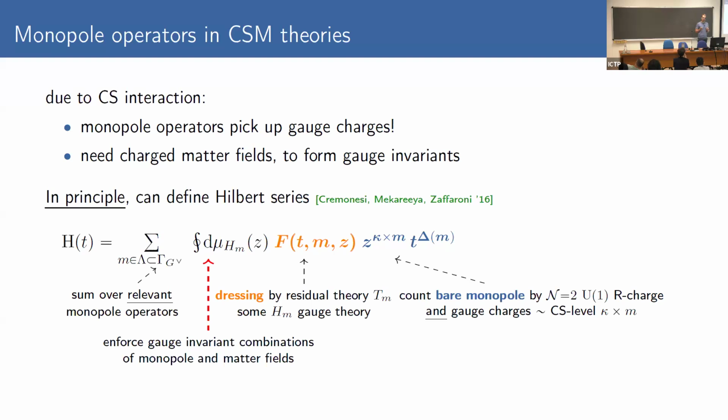But there are two subtle differences which make your life a mess. The first one is that the monopole operator carries gauge charge, so you need to take the gauge charge into account. Then you need to compute the residual theory in the monopole background, and then you need to do this gauge integration over the residual theory. Right? So there's already an additional extra step coming up. You need to do an integration. And then you need to do the sum.